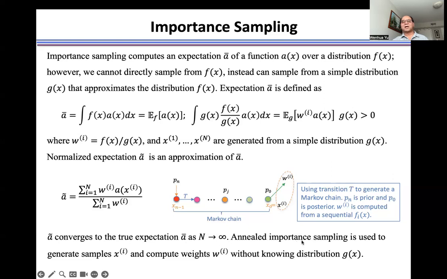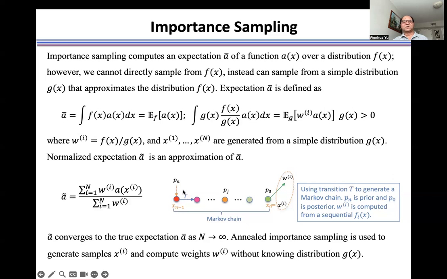Annealed importance sampling is used to generate samples x and compute weights w without knowing distribution g. The idea is we start from a prior probability distribution Pn. We generate x.